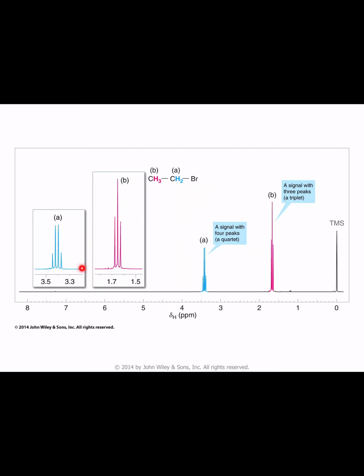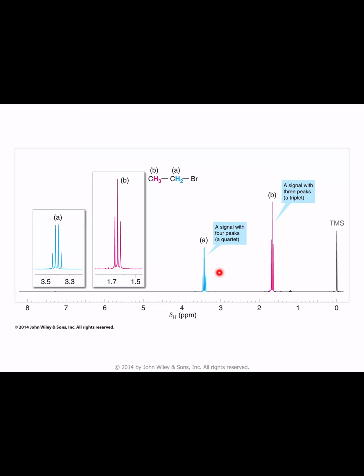And these two that you see over here are enlarged to show you how they are being split. So this red one is B here, and then the blue one is there, and we will understand what information we can get from an NMR spectrum.